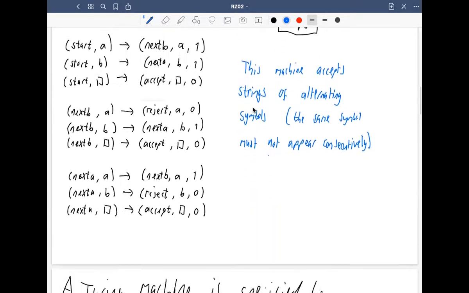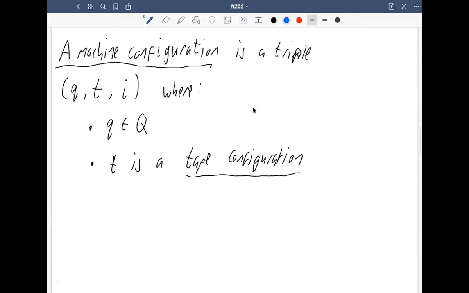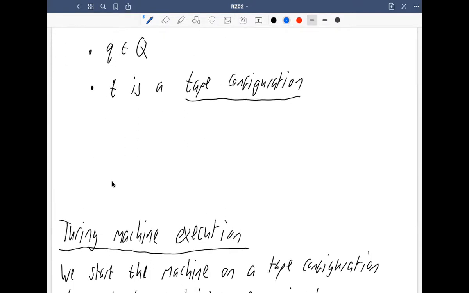So the configuration requires three pieces of information: the current state, little q, the tape configuration.